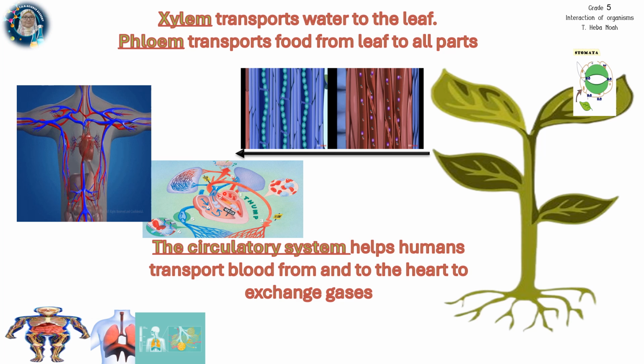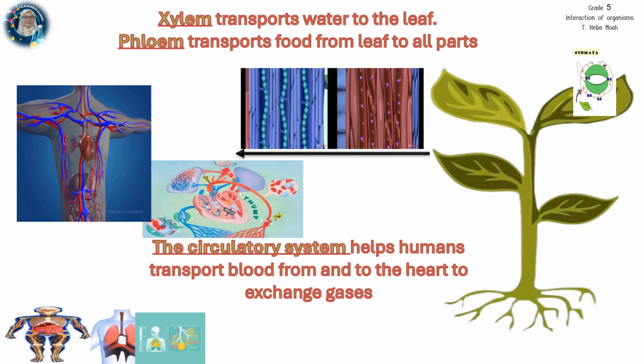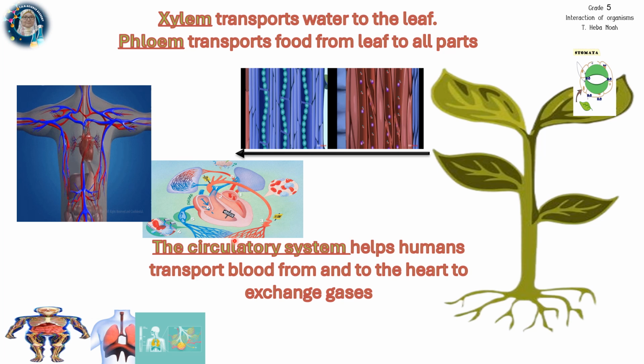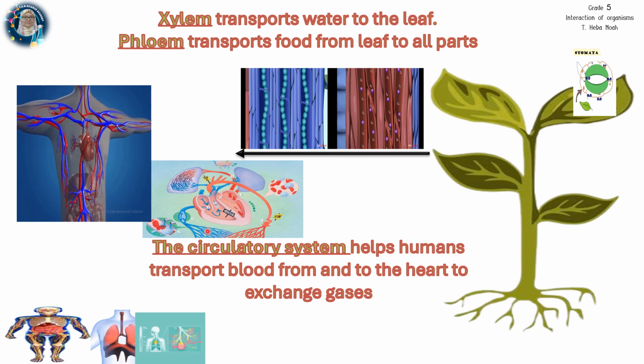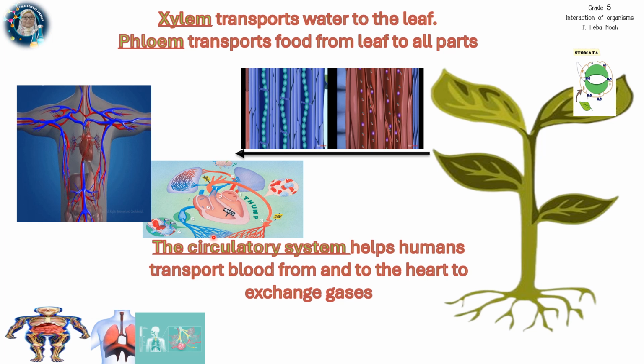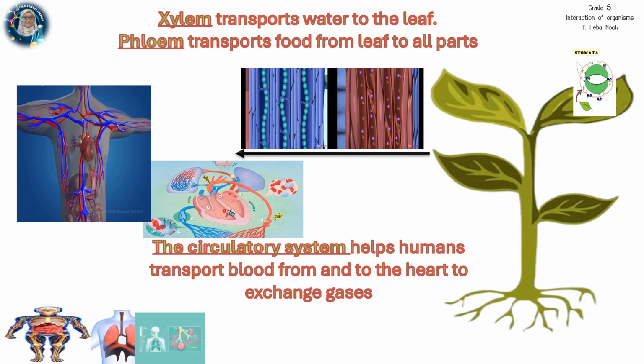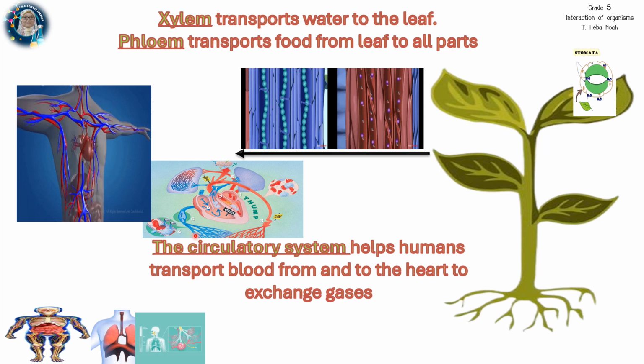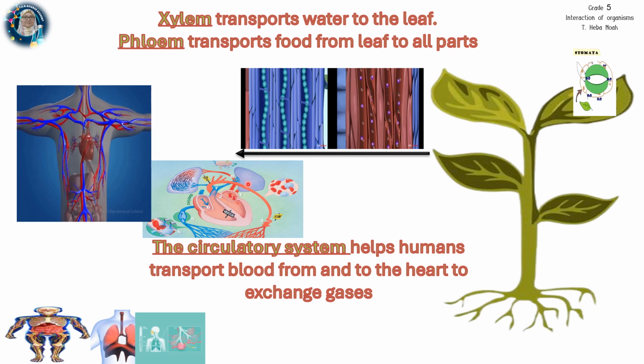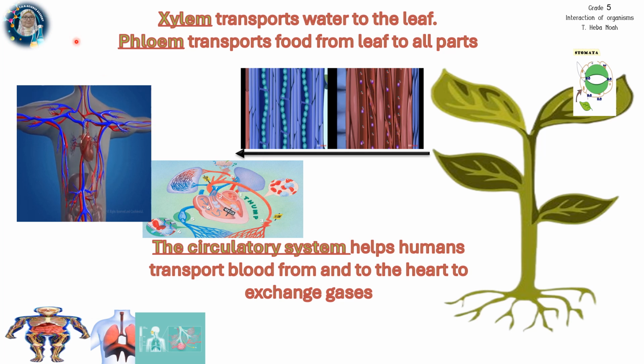The blood that coming from lung and carrying oxygen will go out from the heart to all parts of the human. Blood that carry carbon dioxide will come from the body and go to the heart and get out to the lungs, so the carbon dioxide will go out.